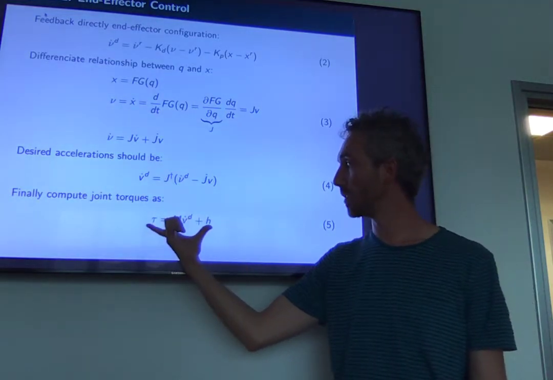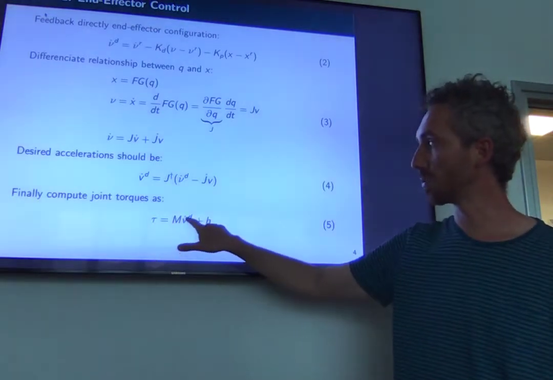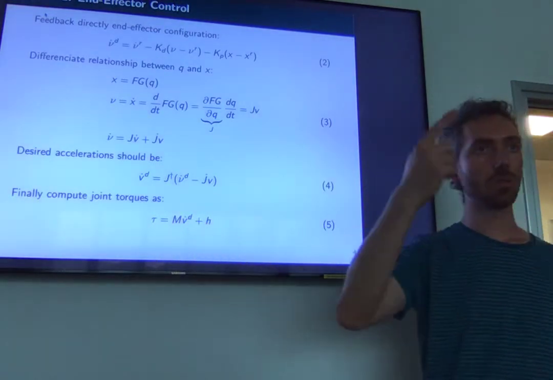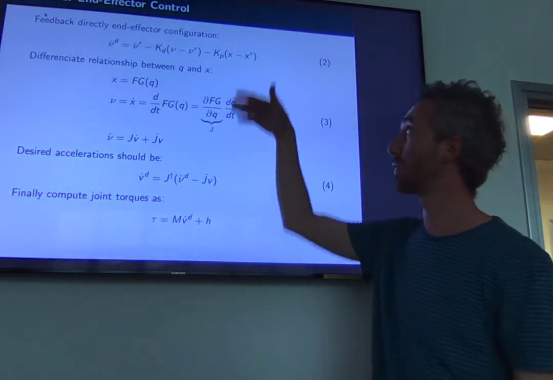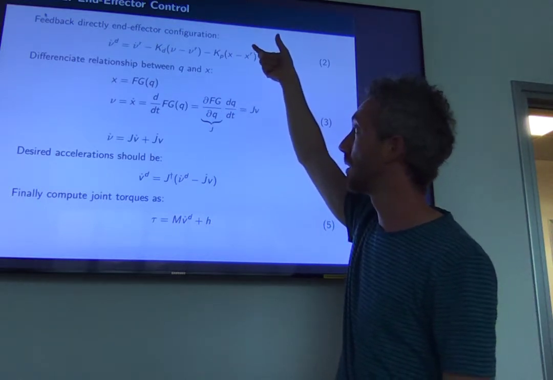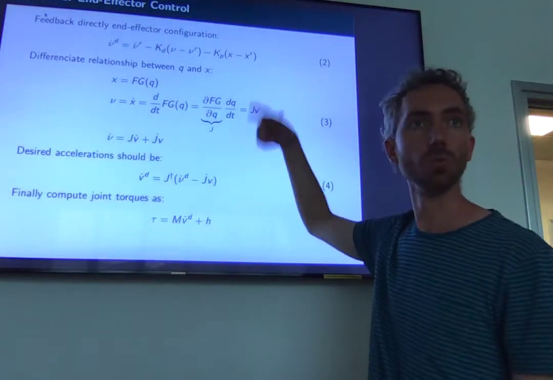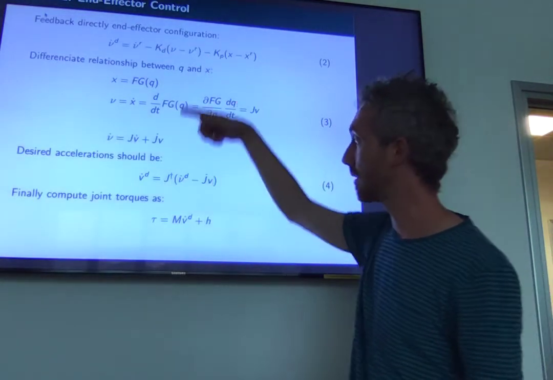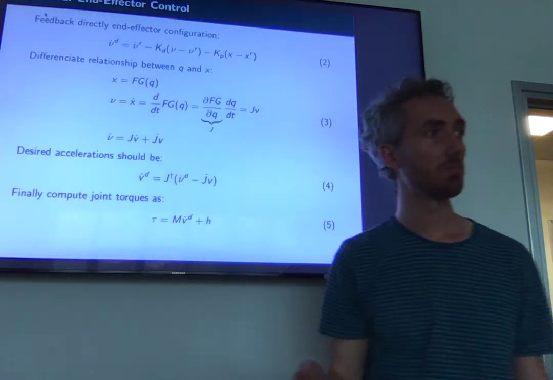So this is how we did inverse dynamics control in joint space, with v dot d computed as joint reference acceleration plus PD in joint space. Now we have the reference not in joint space, but in Cartesian space. So we need an extra step, this one, to go from Cartesian space to joint space by using the Jacobian pseudo-inverse.